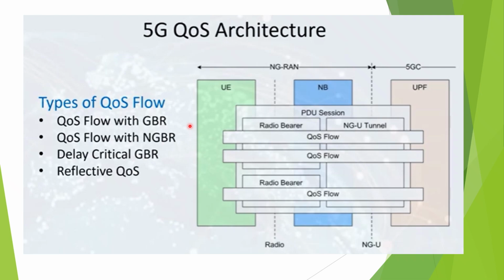The standardized 5QI values define packet delay budget, packet error rate, data rate, priority level and different resource types. Based on this, the operator may also define non-standardized quality of service characteristics for different types of deployment.